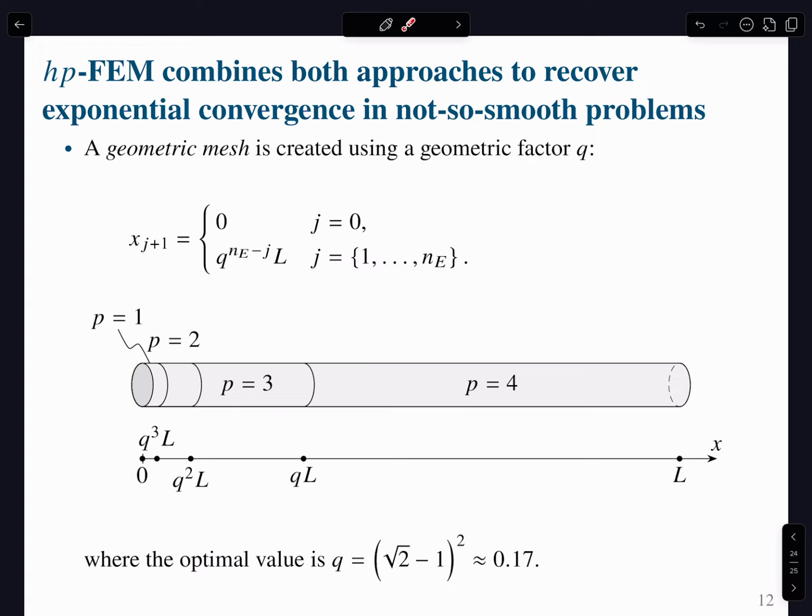It turns out that the optimal value of this geometric progression Q is around 0.17, and this is something that people have investigated. There is work in the book of Szabo and Babuska where they look into this, and numerically they determine that more or less the optimal geometric progression looks like this.